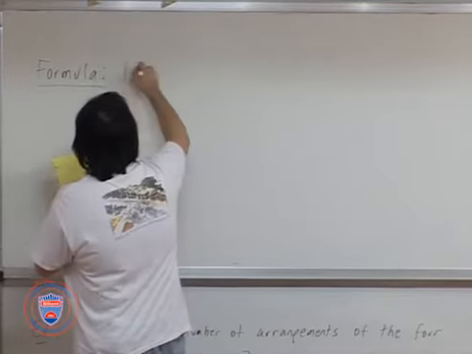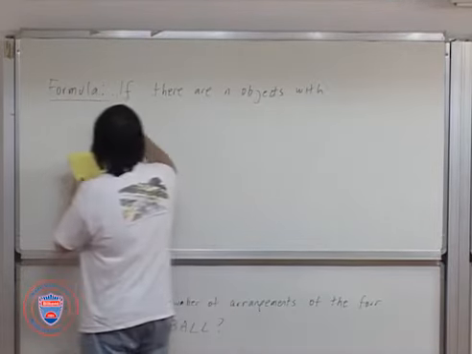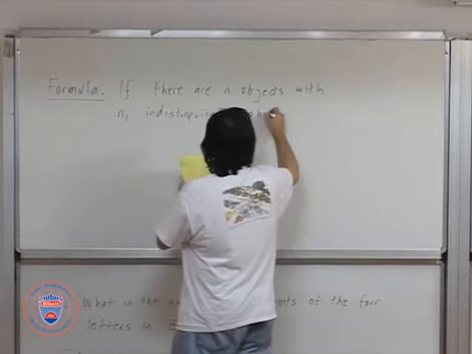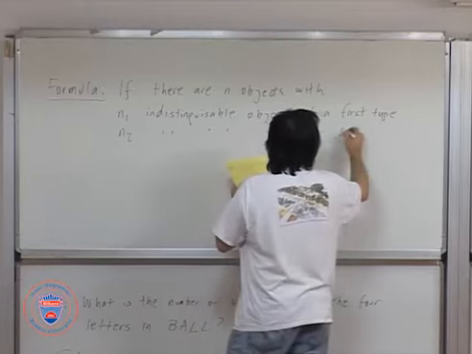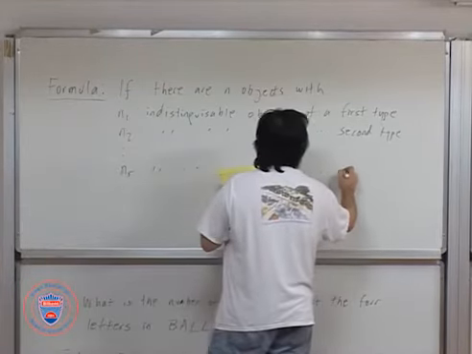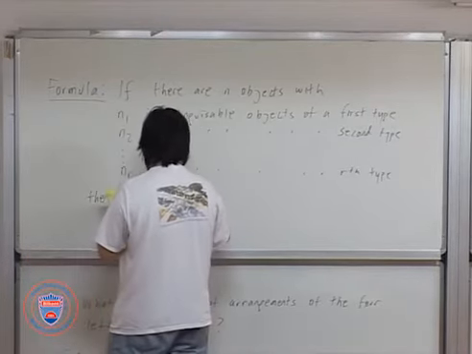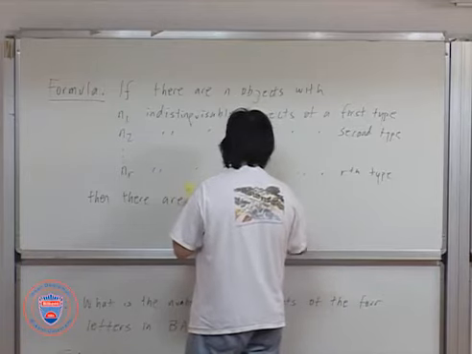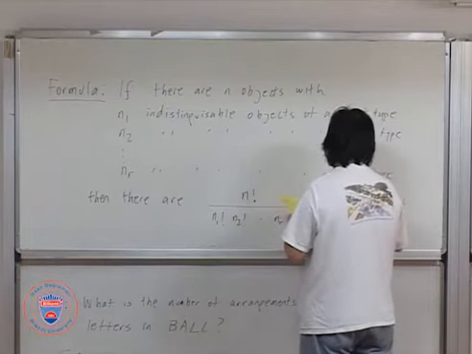You can actually make it a little bit more elaborate. If there are n objects with n1 indistinguishable, identical objects of a first type, and n2 indistinguishable objects of a second type, and nr indistinguishable objects of an rth type, then there are n factorial divided by n1 factorial, n2 factorial, up to nr factorial arrangements of the given n objects.